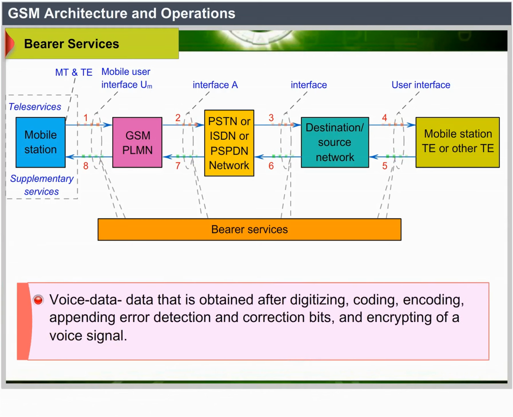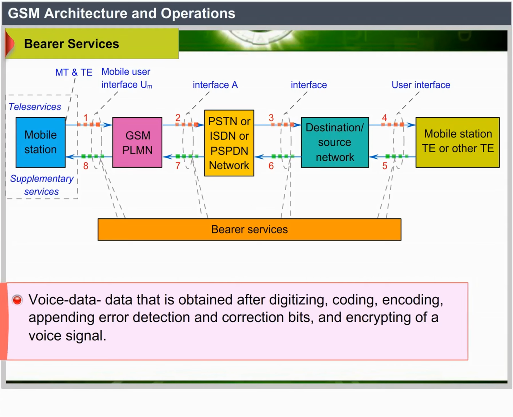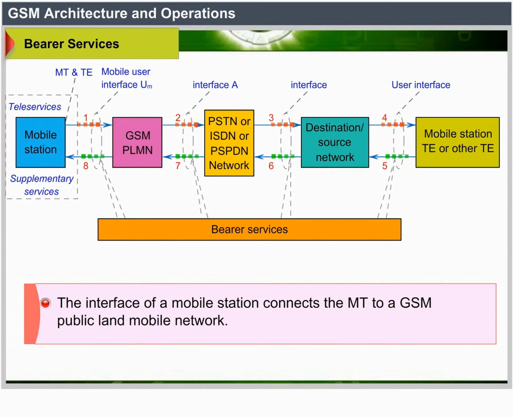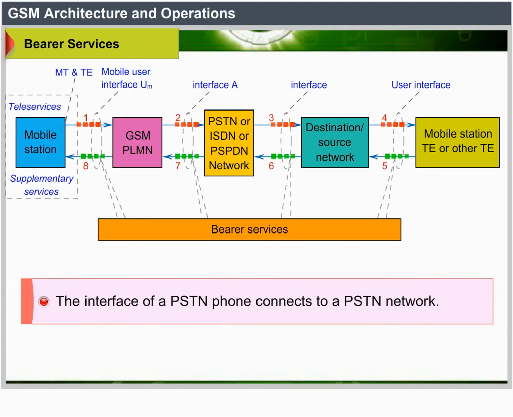Voice data is data that is obtained after digitizing, coding, encoding, appending error detection and correction bits and encrypting of a voice signal. Each TE has a user interface. The interface of a mobile station connects the MT to a GSM public land mobile network. The interface of a PSTN phone connects to a PSTN network.